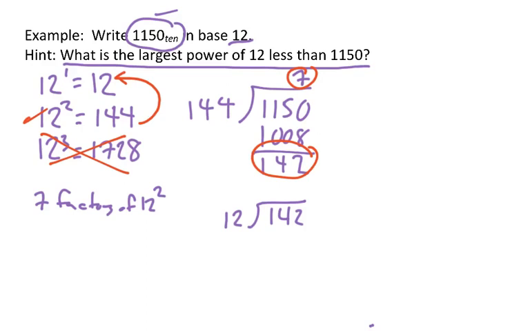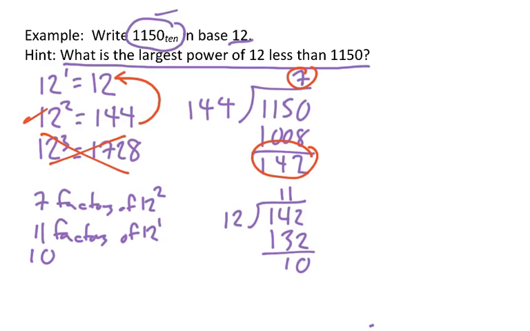And we do that division. 142 divided by 12 goes 11 times. And 11 times 12 is 132. So there'd be 10 left over. And that means that there would be 11 factors of 12 to the 1 and 10 as a remainder.